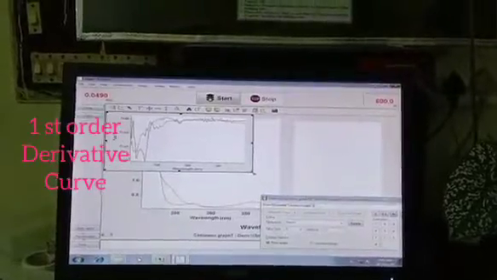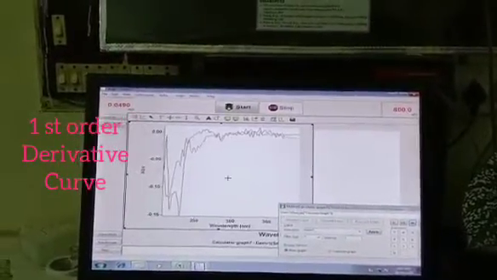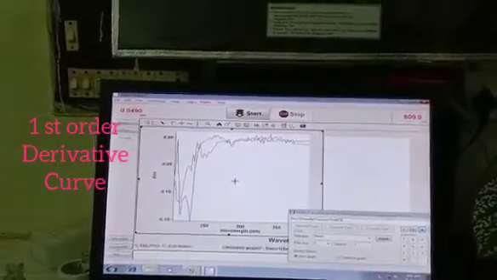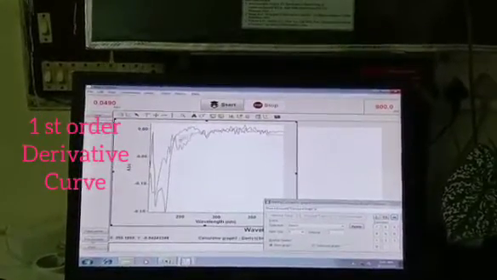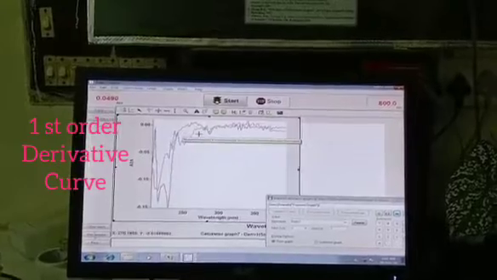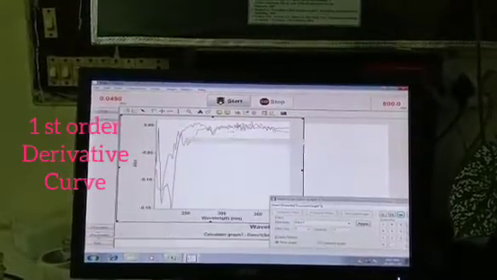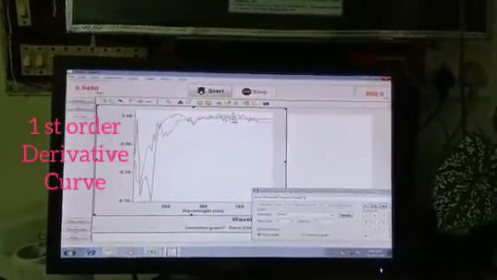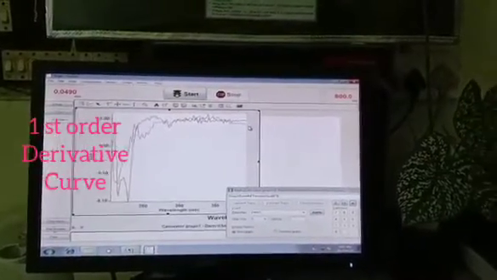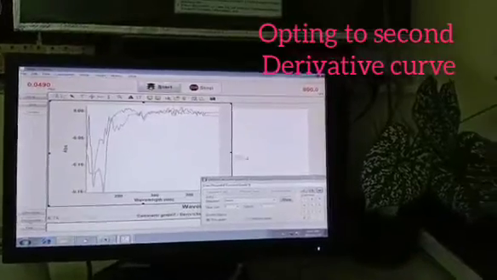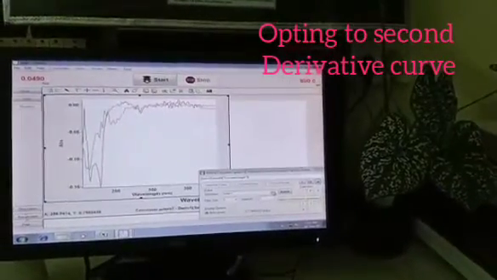So you can see here the first derivative curve. You can see both the curves have got more resolved above the zero line. This is the first derivative curve. Then I am going to the second derivative curve.